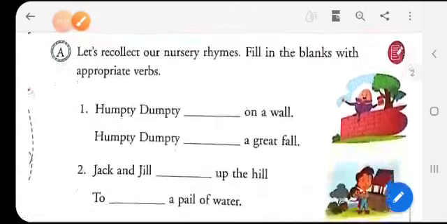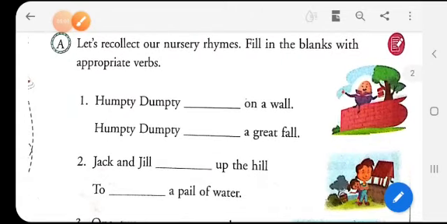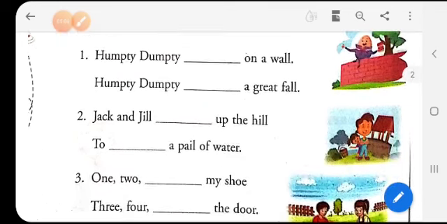Now, your A exercise. Let's recollect our nursery rhymes and fill in the blanks with appropriate verbs. I hope you remember all your nursery rhymes. So, children, we are going to just recall those nursery rhymes.